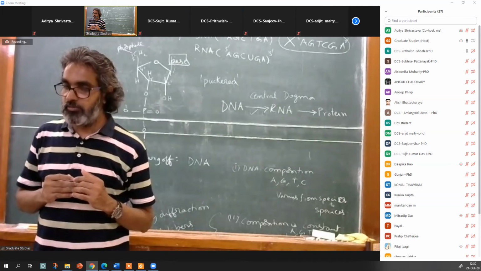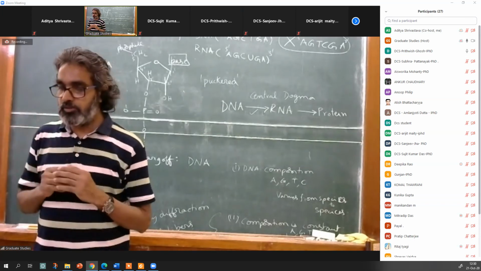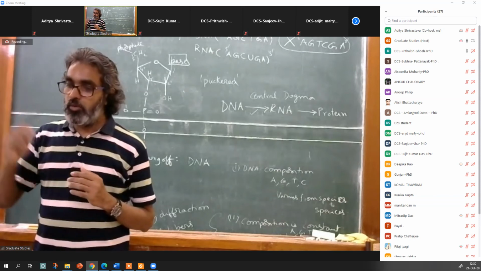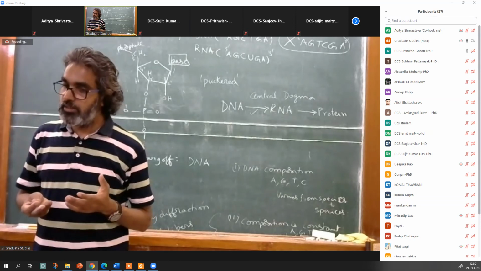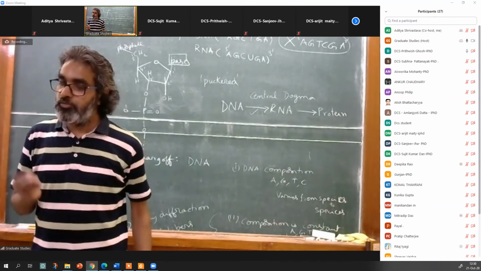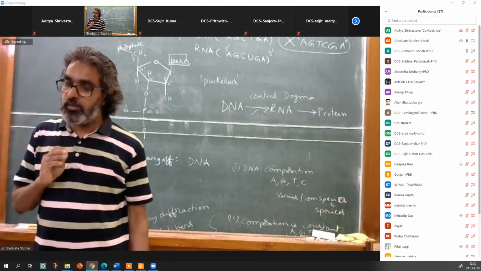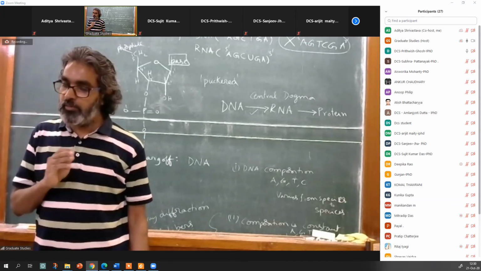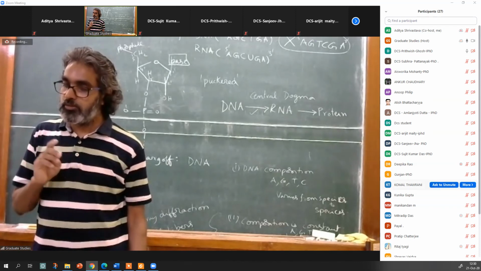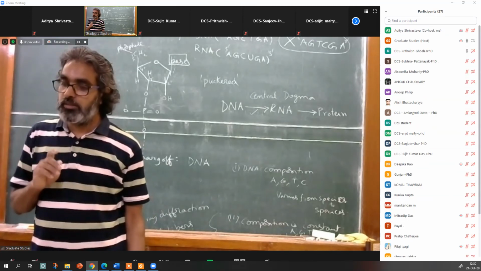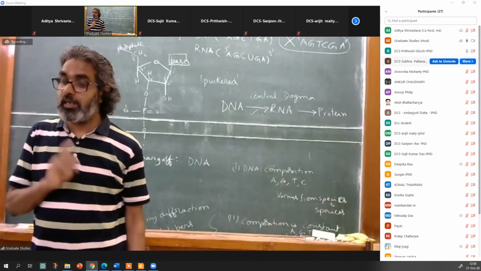So that information, passed down during differentiation, controls the future course of these cells. Every cell has the same DNA information, however only a few genes are expressed, because every time you have to tell the nucleus what needs to be expressed, what needs to be copied. That information goes into the nucleus depending on cell type.